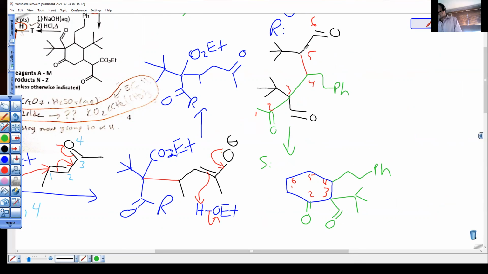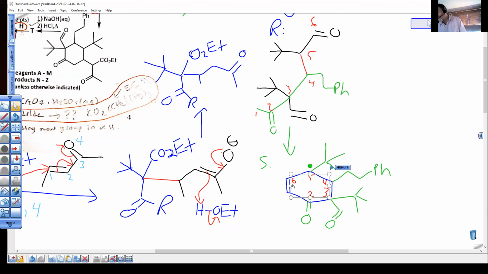And then 5 has another tert butyl. 5's connected to 6. 6 used to have an OH in the aldol step, which is before the heat was administered. You get an OH on 6. Aldol condensation with the heat and the base, double bond between 1 and 6. OH gone. There you go.